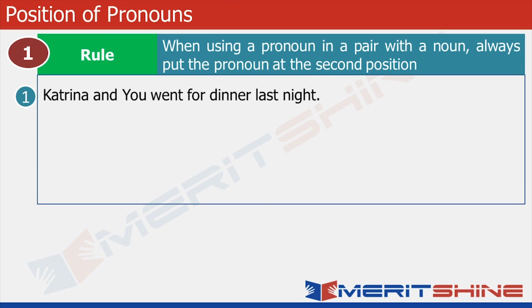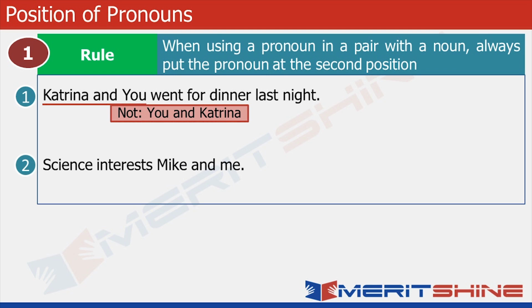Katrina and you went for dinner last night, not you and Katrina. Please note, if we had used a pronoun instead of Katrina, we would have followed the rule of second person, third person followed by first person. Science interests Mike and me, not me and Mike. Here the noun Mike comes first and the pronoun me comes after that.